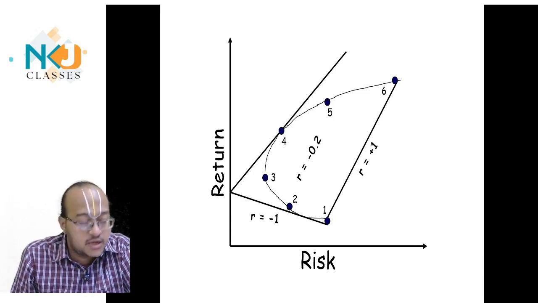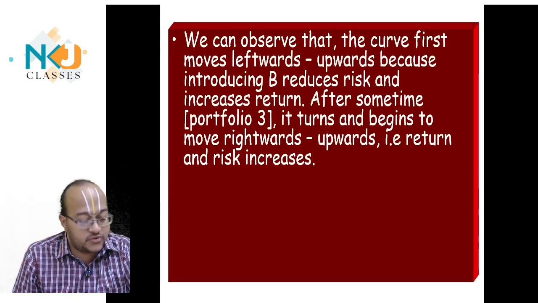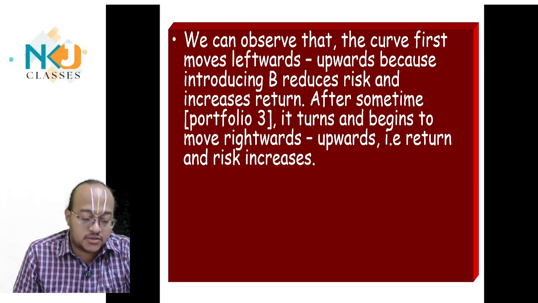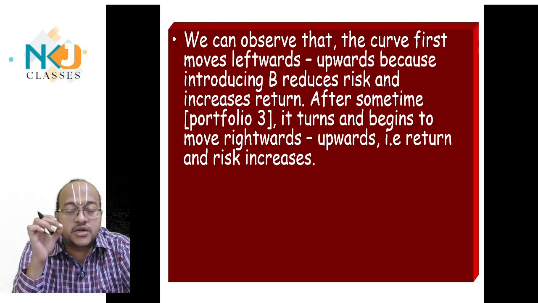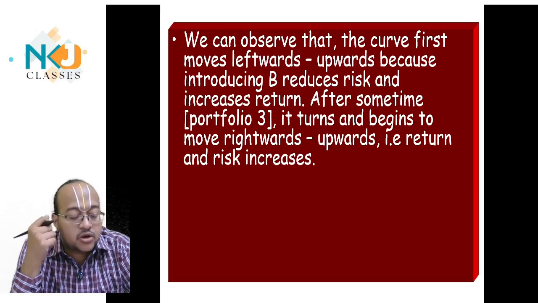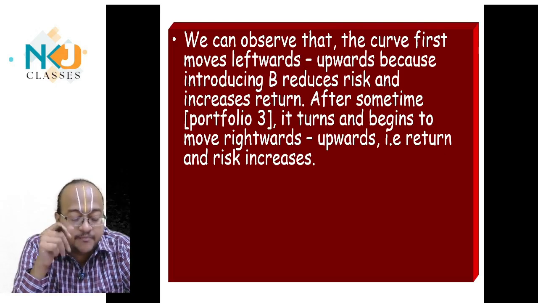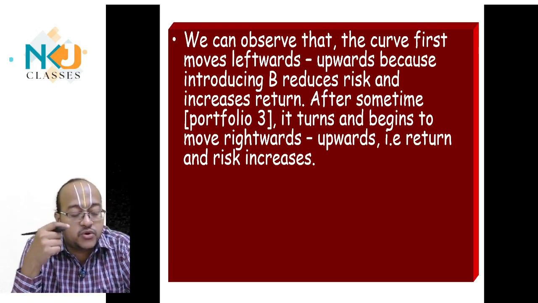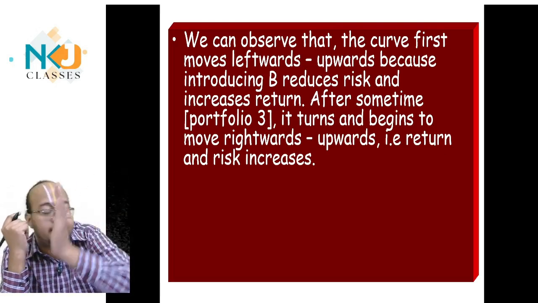Understood? Shall I proceed? See here, I have given. We can observe that the curve first moves leftwards and upwards. Initially, when correlation is 0.2, as per the question given, it happens because introducing B reduces risk and increases return, correct? After some time, after portfolio 3, what is happening? It is moving upwards, but it is moving towards the right.